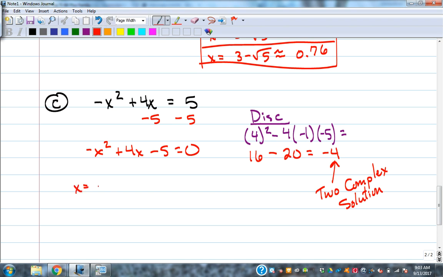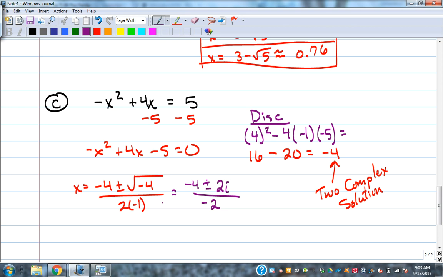So x equals -b plus or minus radical b squared minus 4ac divided by 2a. Work it out. -4 plus or minus, what's the square root of -4? 2i.